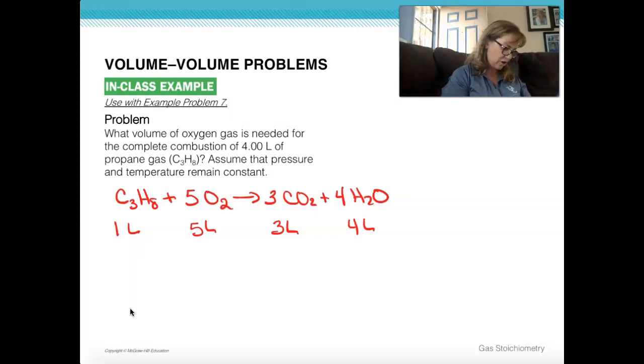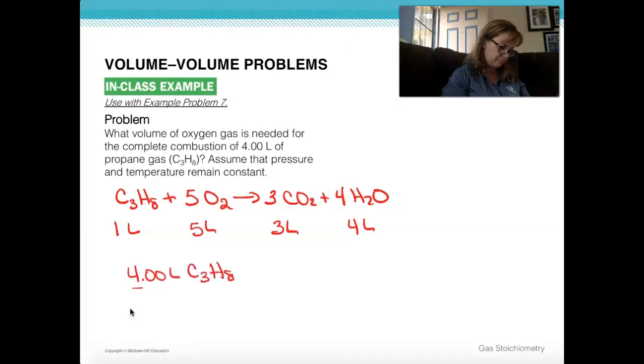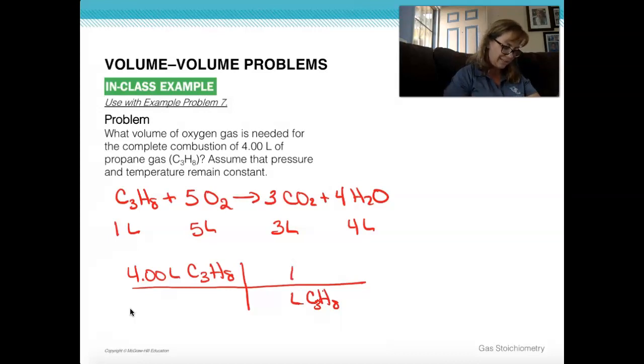So if we start with 4 liters of propane, we use our conversion factor. Put your words in first. Well, you need to cancel liters of propane, and what we're trying to do is to find out how many liters of oxygen we need.